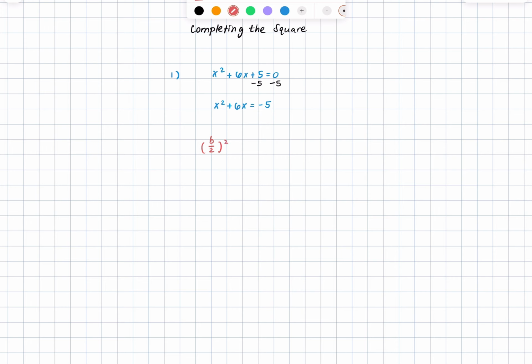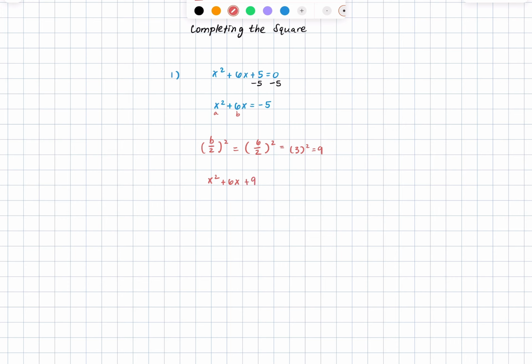So when I label, I know this is my A value, I know this is my B value. I'm going to just plug it into the formula, 6 over 2 squared. 6 divided by 2, that's 3. And 3 squared is 9. So when I rewrite this, I'm going to say x squared plus 6x plus 9.